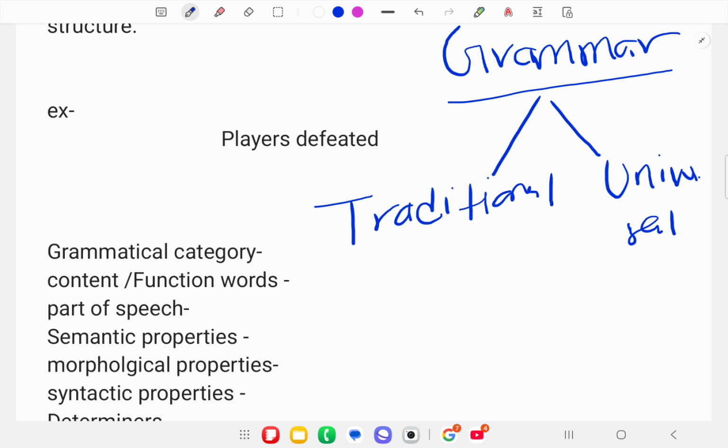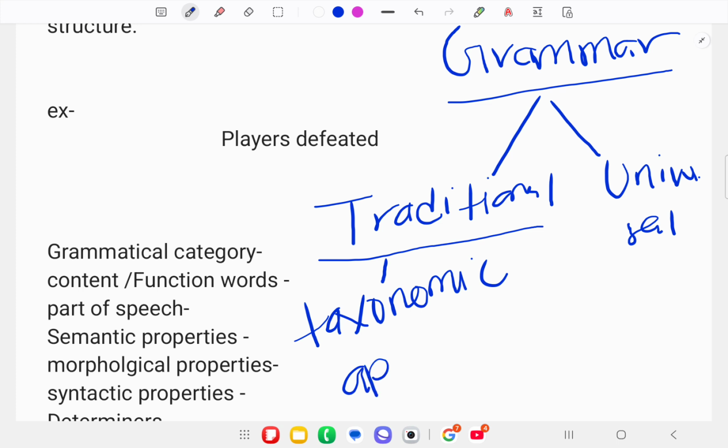When I talk about traditional grammar, we study the taxonomic approach to the structure of a language. What does this mean, taxonomic approach? Taxonomy means a classificatory list. Classificatory means the range of the different types of syntactic structure that are found in the language.